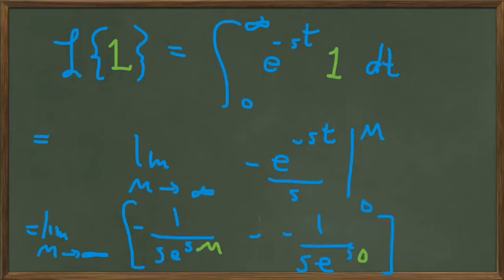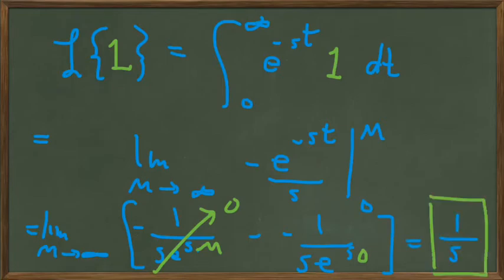As m goes to infinity, since the denominator of that first term goes to infinity, that entire fraction goes to 0, and in the second fraction we've got minus minus, which is plus, and in the denominator s times e to the 0, which is just s, since e to the 0 is 1. So we wind up with just 1 over s. So the Laplace transform of 1 is 1 over s.